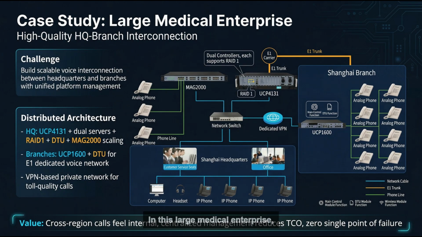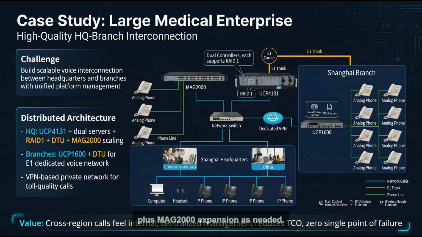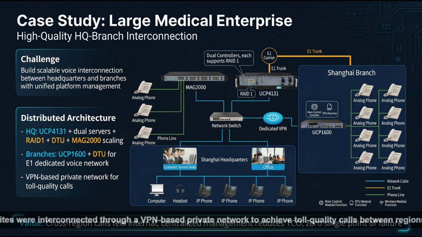In this large medical enterprise, the goal was scalable voice interconnection between headquarters and branches, with unified platform management and consistent call quality. The HQ side used UCP4131 with dual servers, RAID 1 and DTU, plus MAG 2000 expansion as needed. Branches used UCP1600 with DTU for an E1 dedicated voice network.